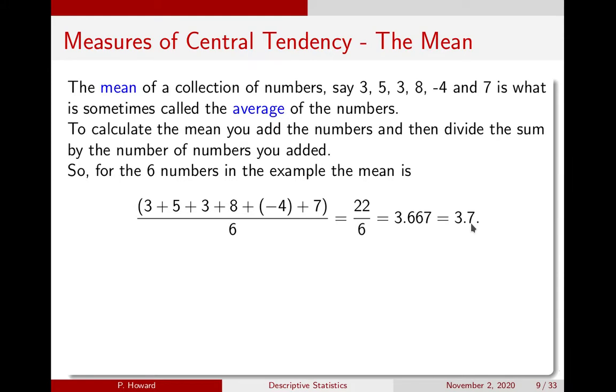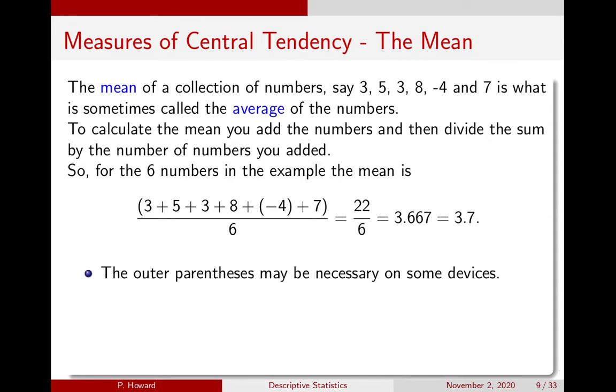Usually you round off the mean to one more accuracy place than the data. A couple of things to note here. The outer parentheses, this one and this one, may be necessary on some devices. For example, a graphing calculator, those outer parentheses will probably be necessary.